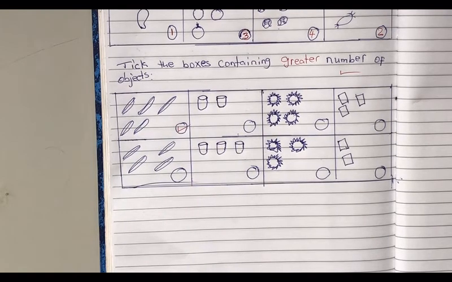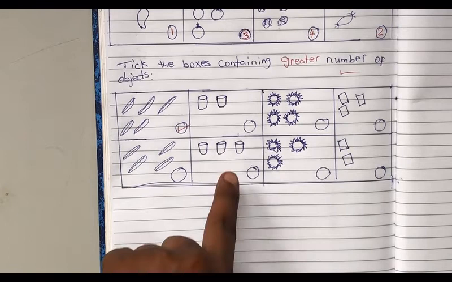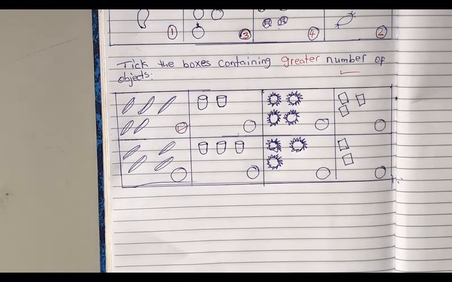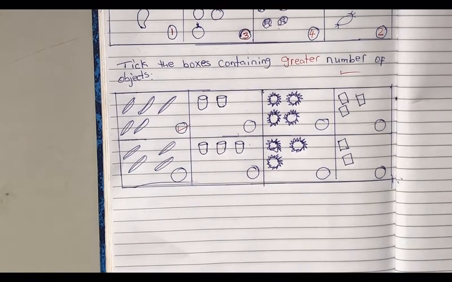Okay? Now in this box, we have 2 things here and 3 things here. 2 and 3. Which one is bigger? Which one is higher and which one is greater? Look at it clearly. 2 here and here is 3. Of course, it's 3. 3 is greater than 2.